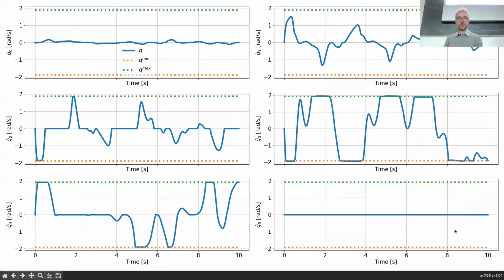So now, for sure, the end effector tracking is going to be better, but we are also getting some of these rapid changes from maximum to minimum velocity in joint space. They are not super bad, not as rapid as they were before.